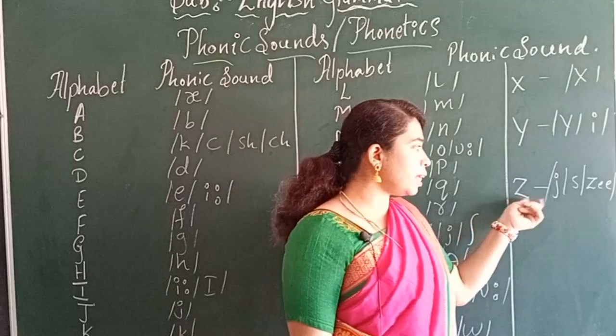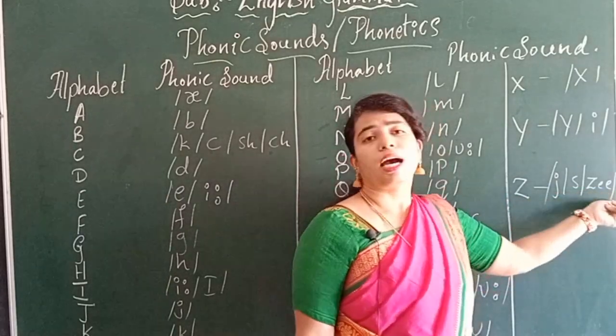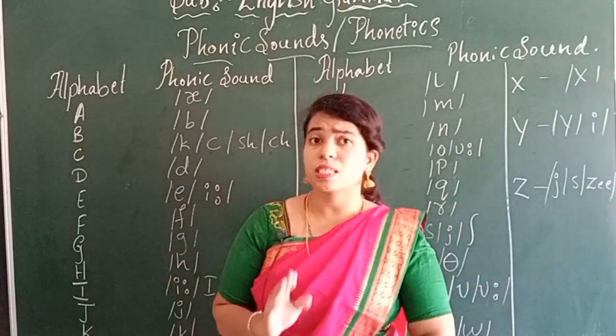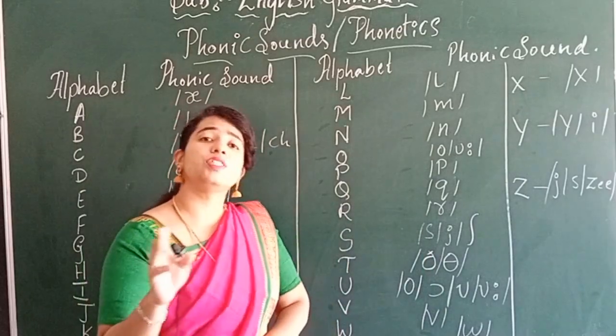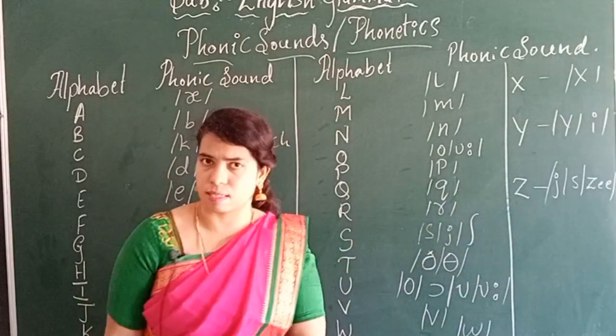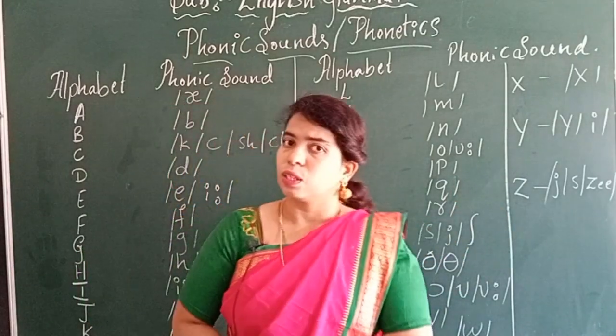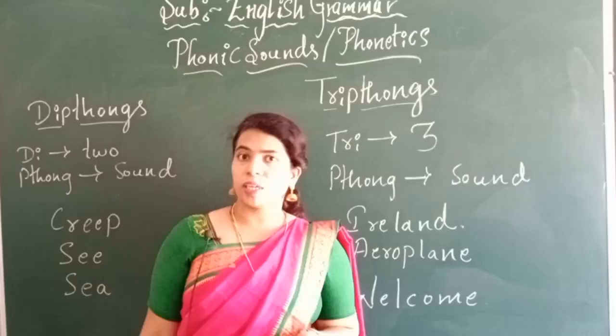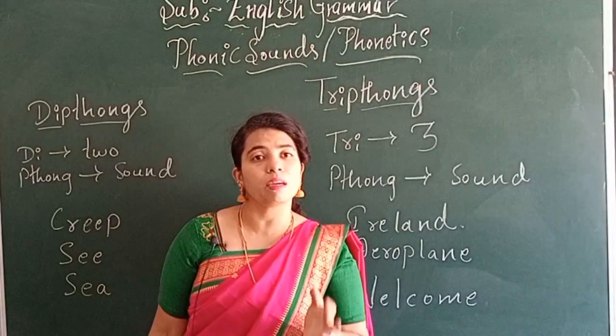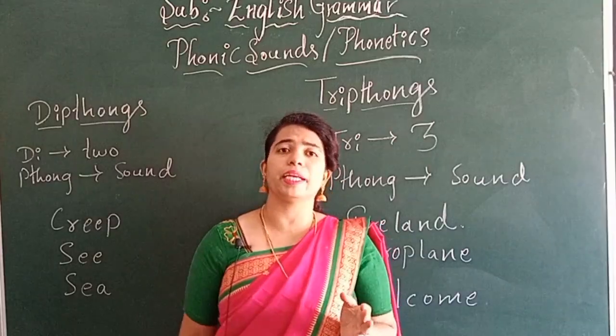Z is used as J, S and Z, all the three cases. Let us move on, children. Phonic sounds are different and the names of the alphabet are completely different.